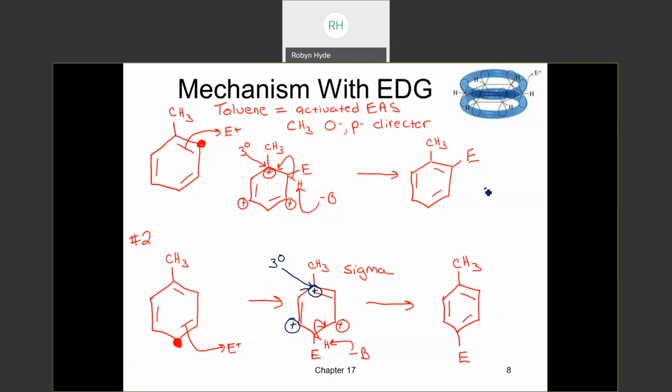We do this chemistry because at those locations we have the most dipole negative carbons, and also at these positions, we have the most stable carbocations that can result. So two reasons why we do electrophilic aromatic substitution at the ortho and para position.